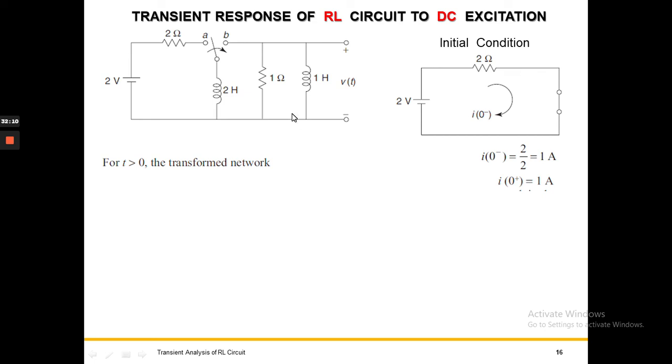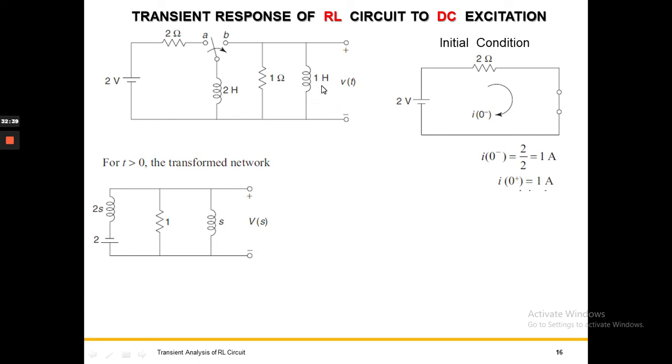Okay, so now you have to transform this network after time t is equal to 0. Okay, so you have to draw the transformed network with the switch at position B. Okay, so this is L into S, 2 into S. Then you have to take into account the initial condition, L into I0. Okay, then this resistance value is frequency independent. There is no initial current through this inductance, so there is no independent voltage source in series with the inductance.